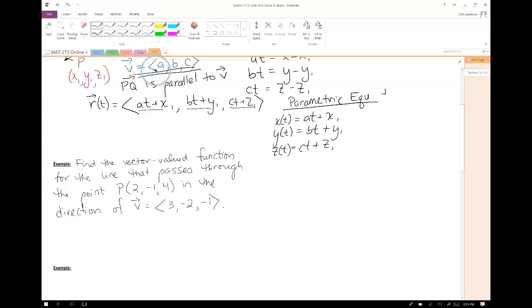So we don't have to every single time work this out by creating a PQ and then setting up a ratio with V. We could just jump straight to the formula.